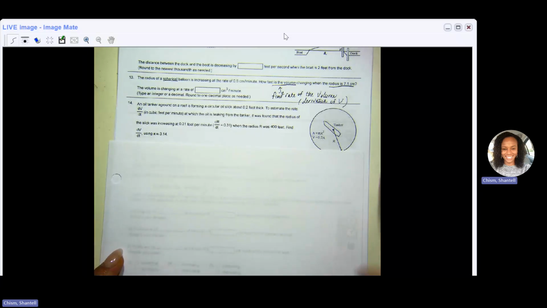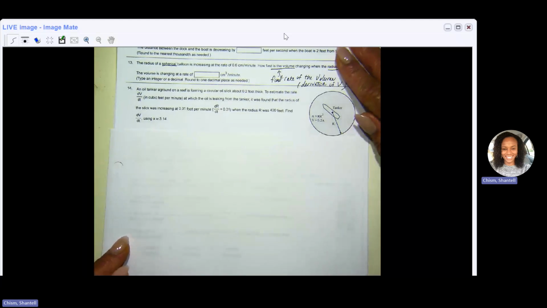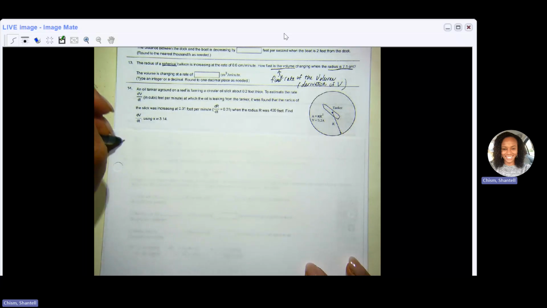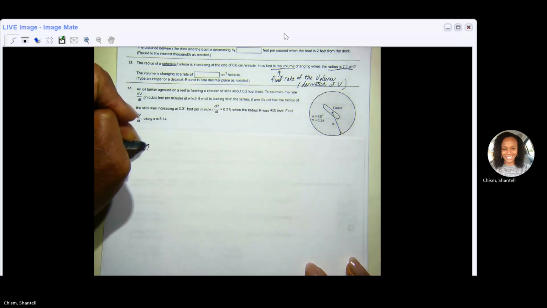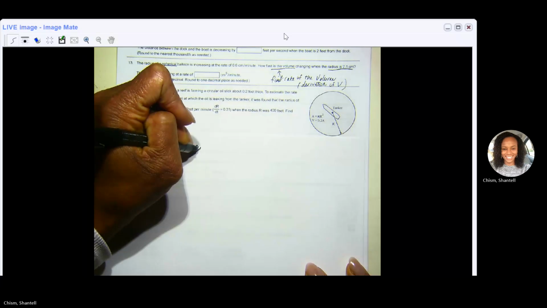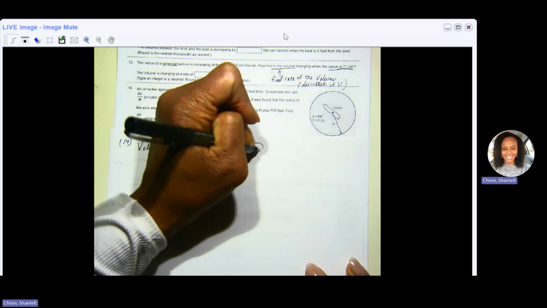Okay, so let's see, what do we know right now? We've got a circular cylinder. If you think about it, it's an oil tanker. So I want you to think about the volume of a cylinder on number 14. So kind of like this shape.